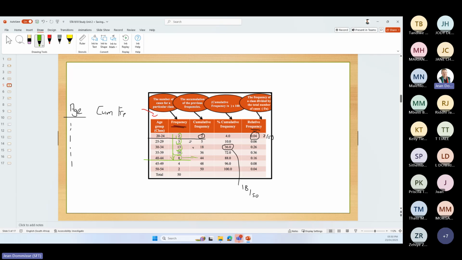So up until age 44, there are 44 people. So cumulative frequency is basically just, at a certain point in that table, it adds up everything up until that point.